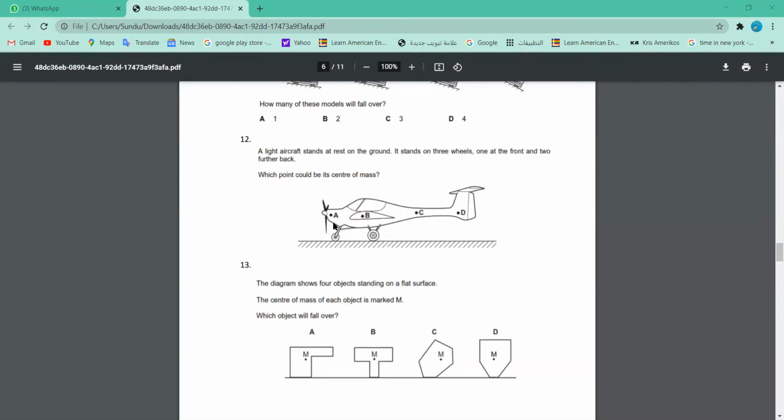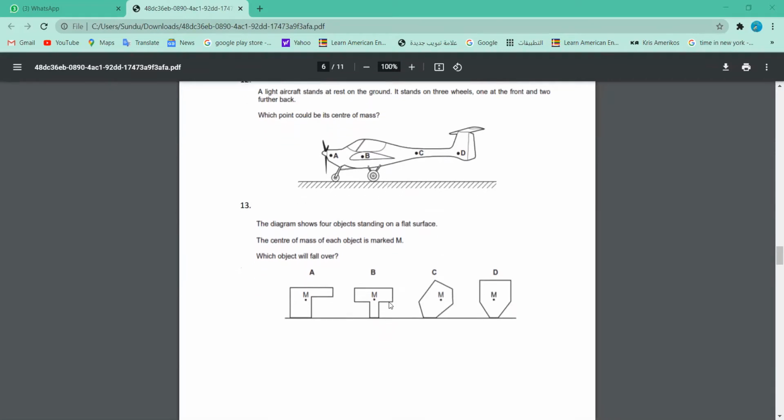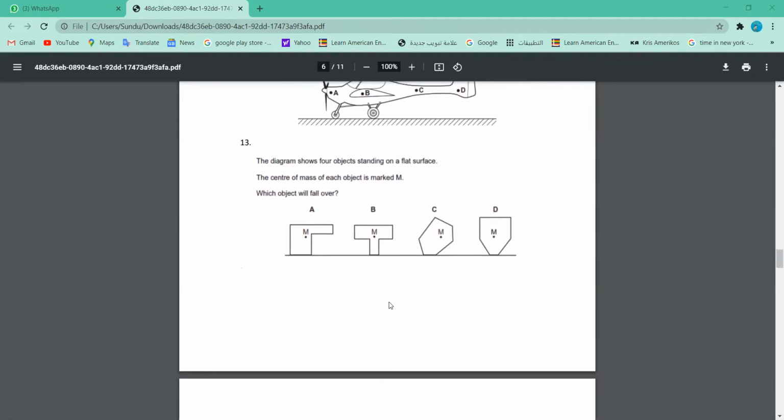And because the bulk of the mass of the helicopter is here, can you see these are small extensions only? The bulk of the mass is here at the center. So most probably the center of mass is going to be somewhere in this region. Okay, so this is my understanding. Did you guys understand? Yes, miss.